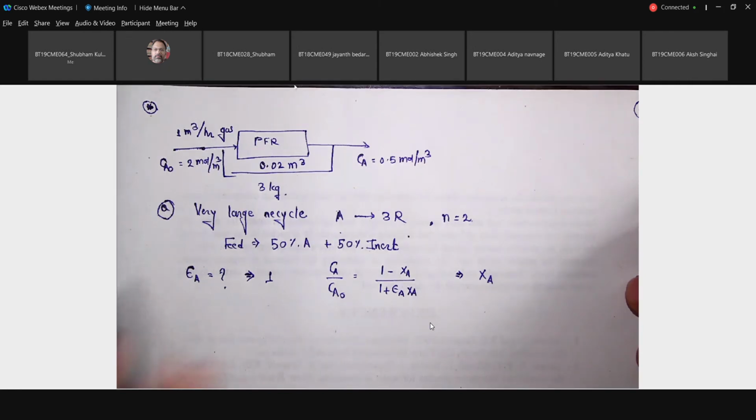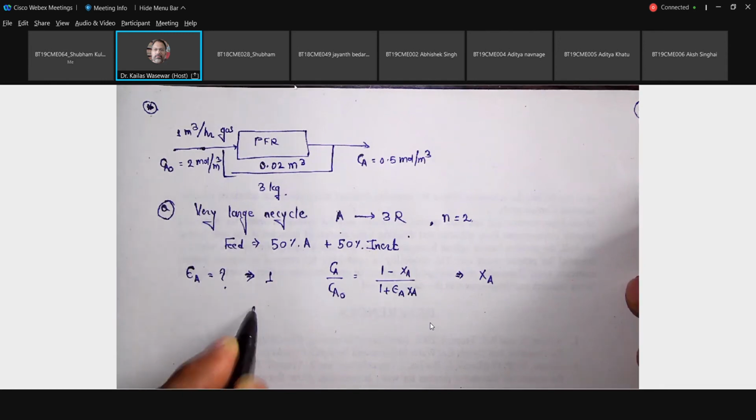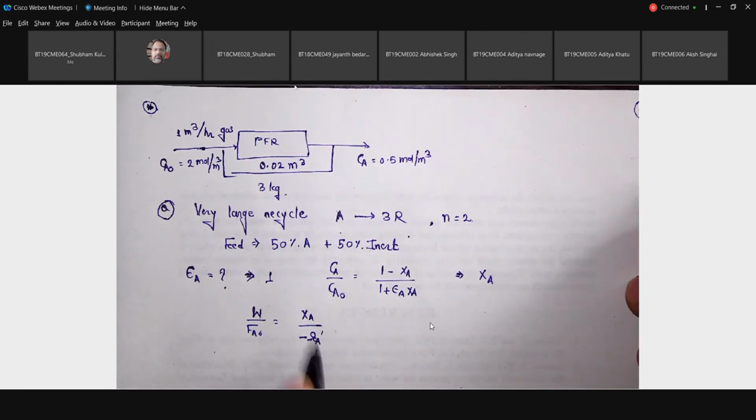Now because of very large recycle, it will be similar way, W upon Fa0 equals Xa over minus Ra. Is it? So the rest of the things you can substitute here, simplify it and get the value of K, and the unit will be what? Is again the second order reaction.